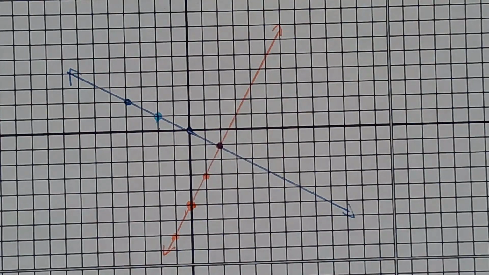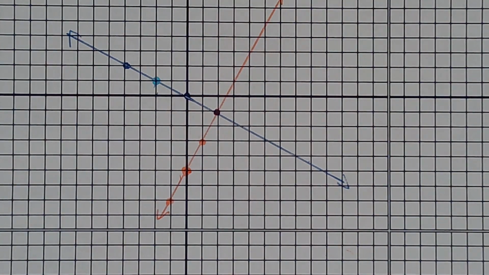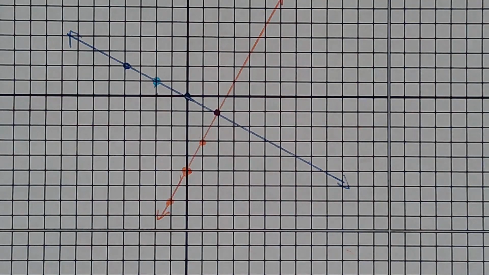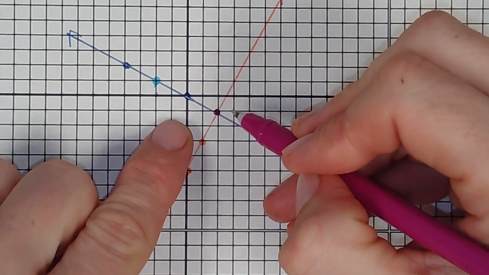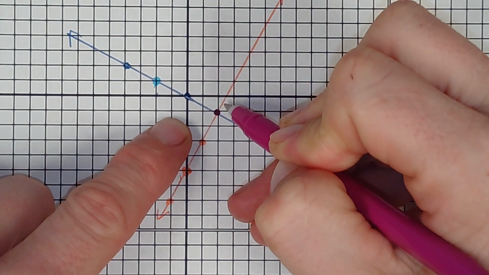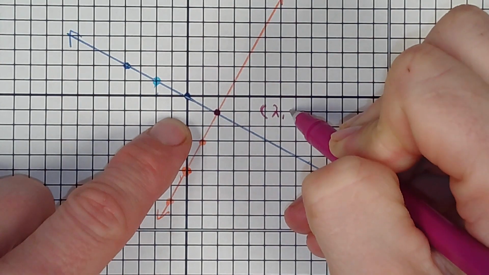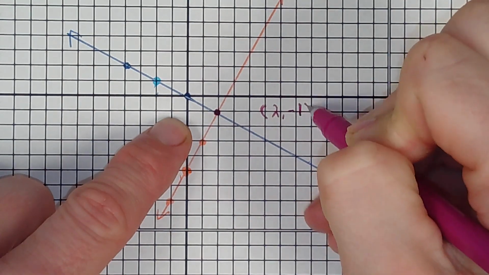My origin might be a little bit different, but it's going to touch pretty much there. So this point is going to be x equals 2 and y equals negative 1.